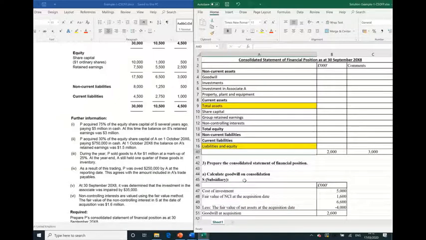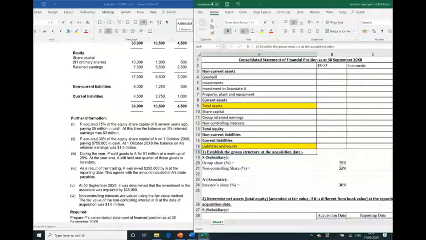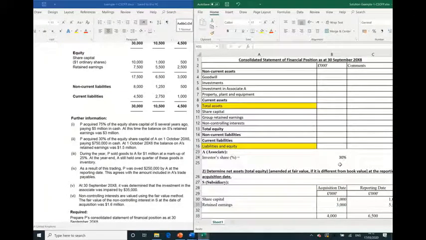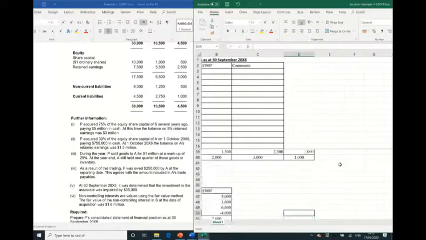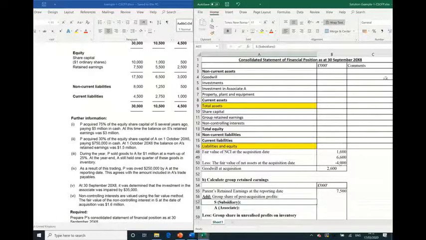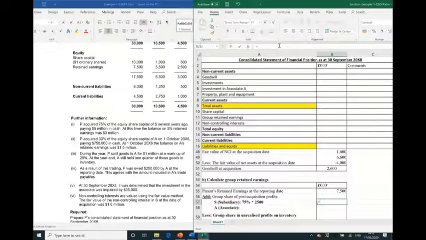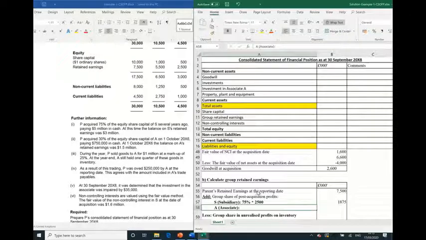The group share of the subsidiary is 75%, and the post acquisition profit of the subsidiary is calculated in the second adjustment, which is 2,500,000. So 75% of 2,500,000 is 1,875,000.